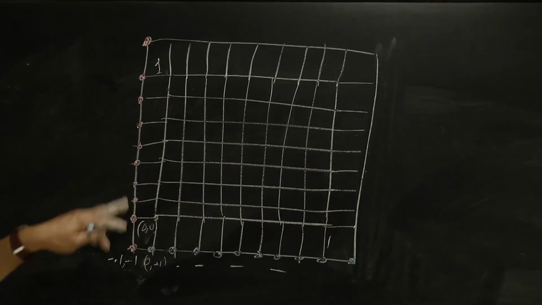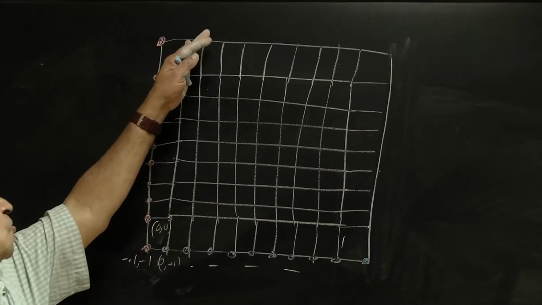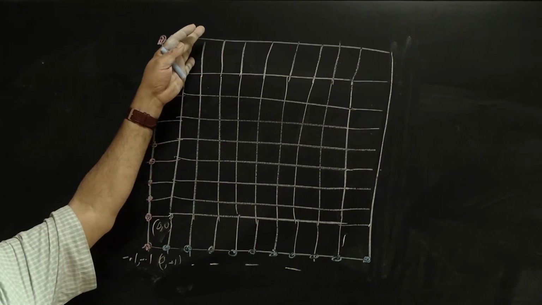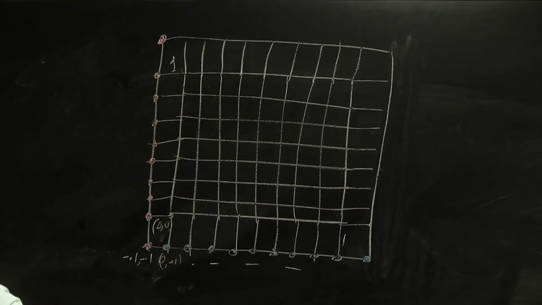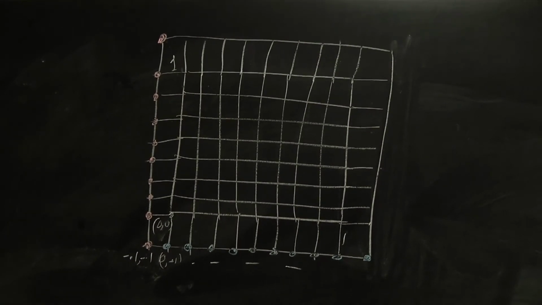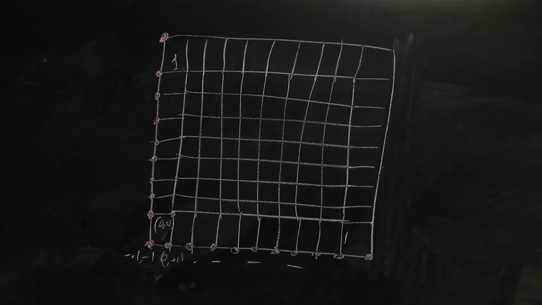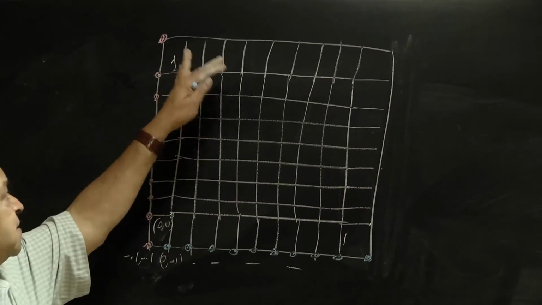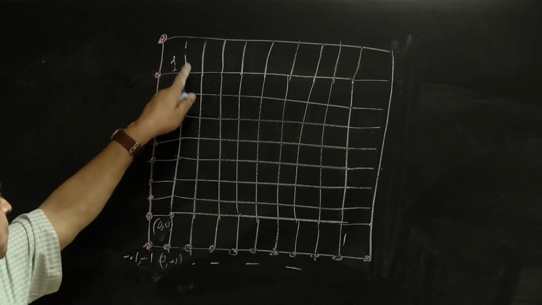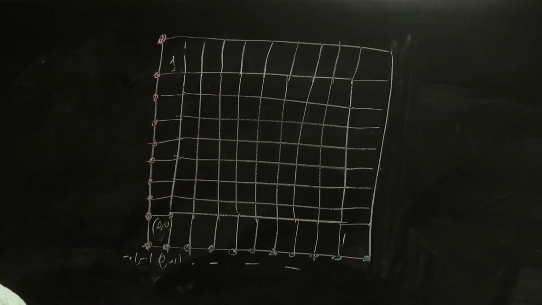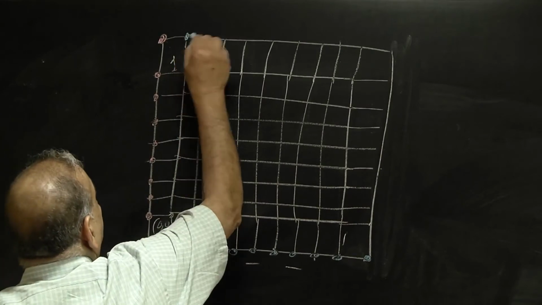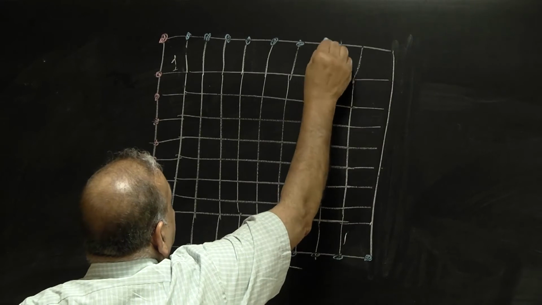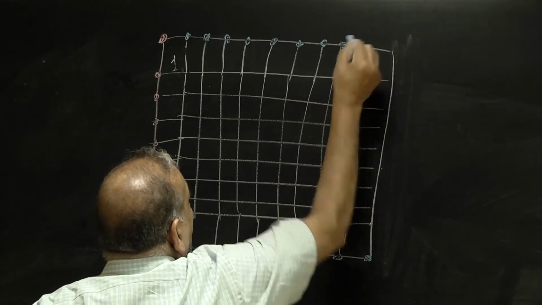Here, the first coordinate of this point is not the least. The least is minus 0.1. The least value possible for the first coordinate is minus 0.1, but that is not the case here. So all these will be blue.